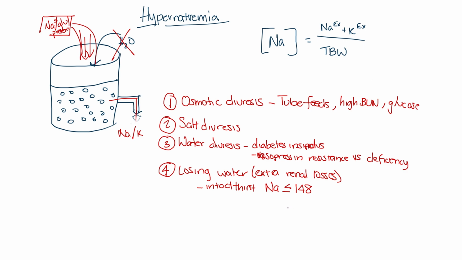The one instance where they're going to get hypernatremic is when they're unable to drink water. This might be someone you've made NPO. This might be someone who is being neglected. For example, there's no one around to give them water. They're too weak to grab water themselves and drink it. They're altered and unable to speak with us. A really common situation is a patient with dementia. In patients with dementia, they often just sit there, they waste, and they get weaker and weaker, and they're unable to drink water.